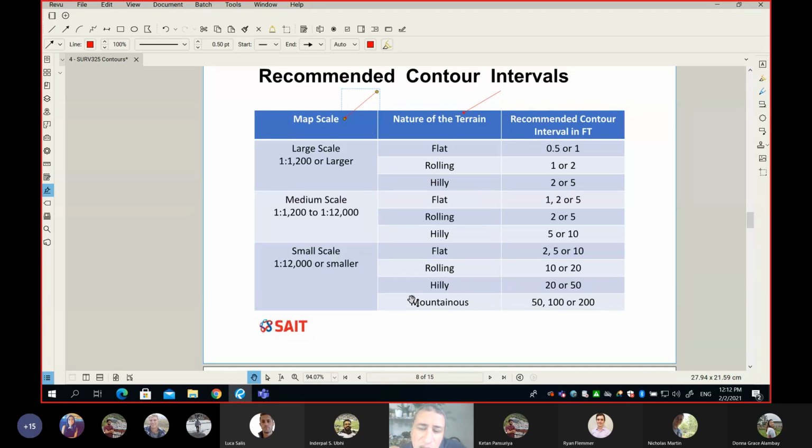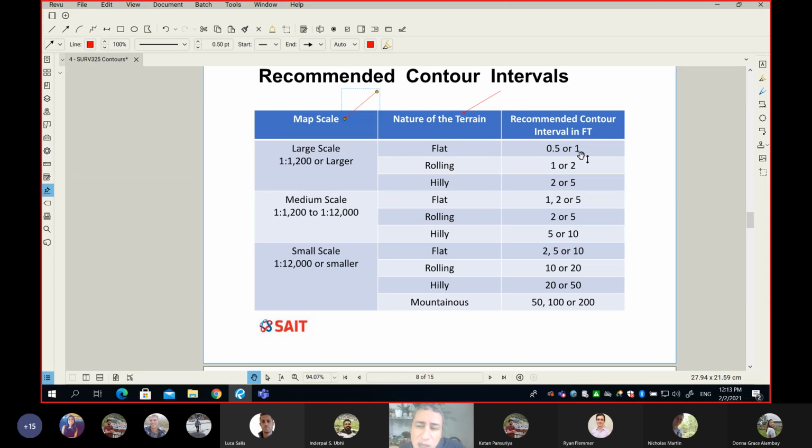So in this slide here, I found a table that relates the interval of the contour to the type of the terrain, also to the map scale. So for example, if you're producing a large scale map, which is 1 to 1200 or larger, for flat terrain, you're going to use between 0.5 to 1 feet.